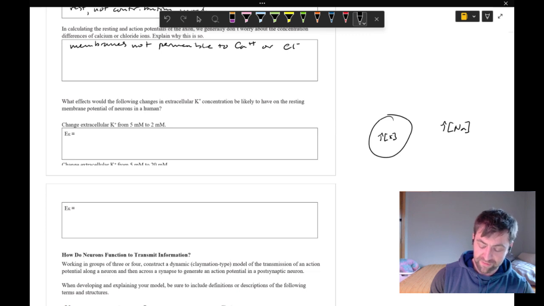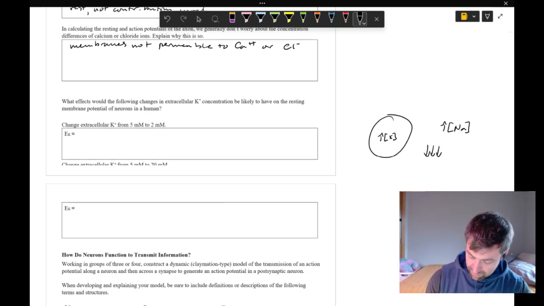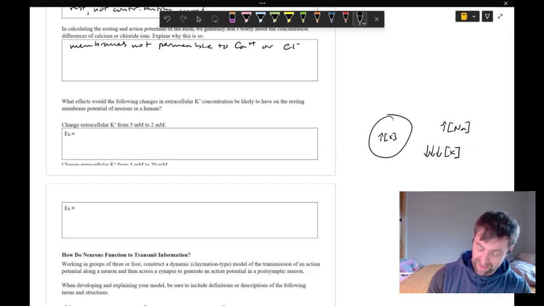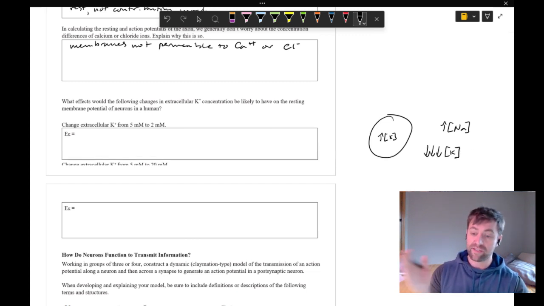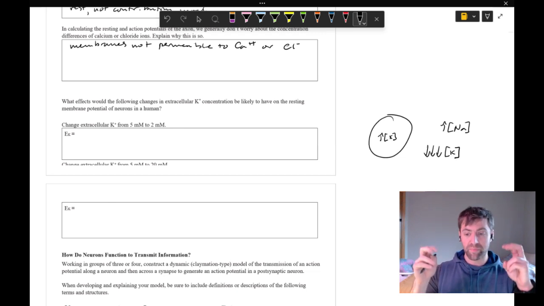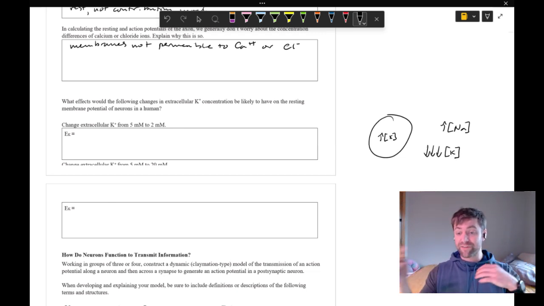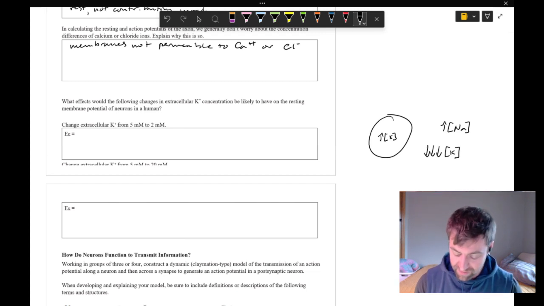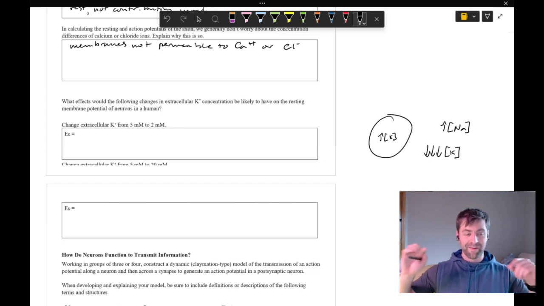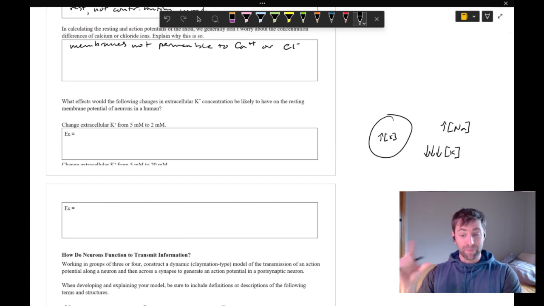If we further decreased the already low concentration of potassium outside of the cell, what is that going to do to the potential difference? The voltage potential just describes a difference in charge from one side of a membrane to another. If we further decrease that, that difference is going to get even bigger. Hyperpolarizing, more polar.